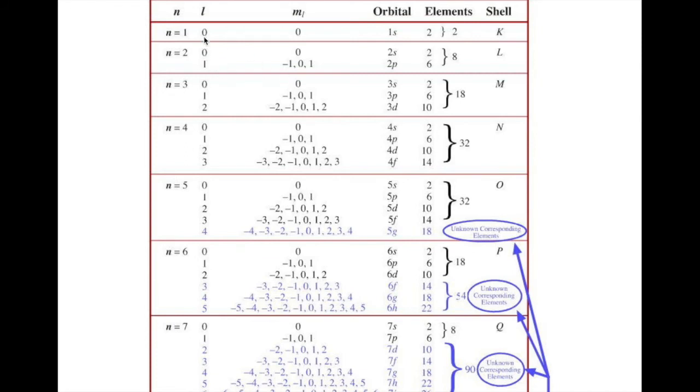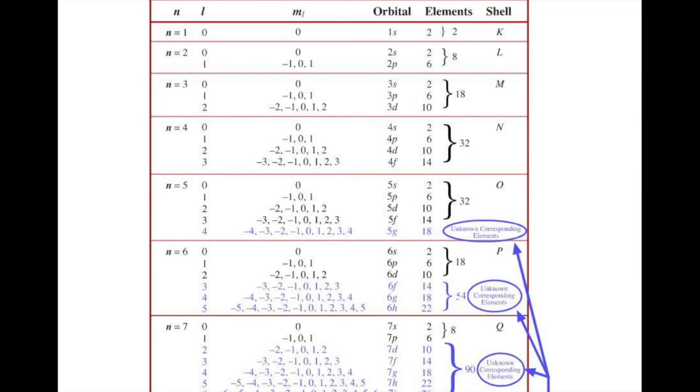So in shell 2, how many orbitals do I have? 1, the 2s, and 3 p's: 2px, 2py, 2pz. Therefore, 3 times 2p orbitals and 1 times 2s orbital. In total, I've got 4 orbitals.